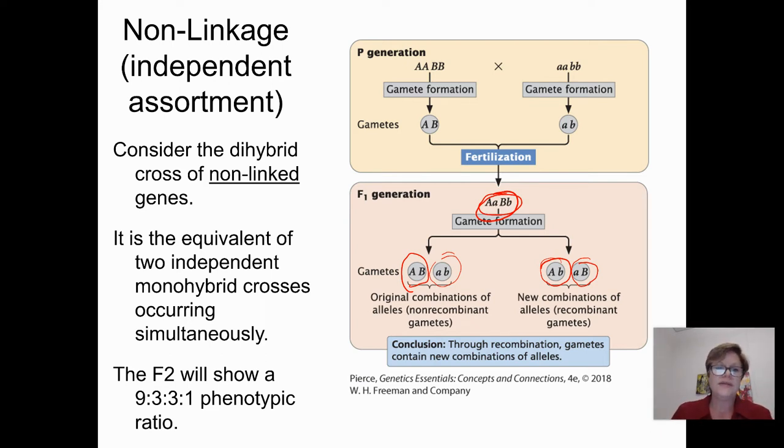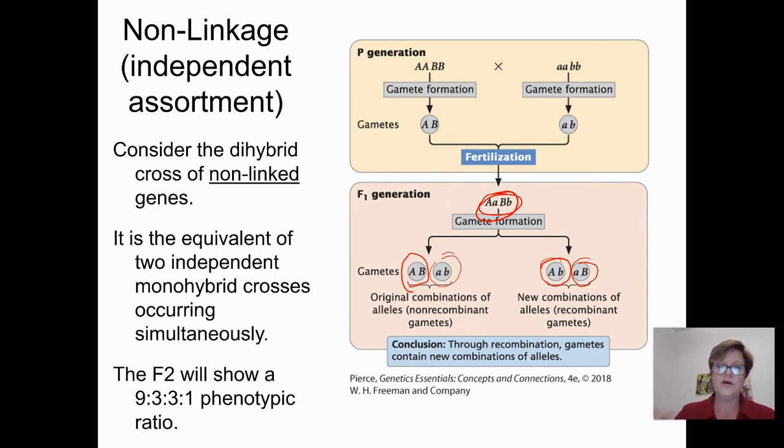And that's why we end up with, you'll recall, a 9:3:3:1 phenotypic ratio for the offspring of the dihybrid cross. And we could treat the dihybrid cross as if it were 2 independent monohybrid crosses occurring simultaneously.